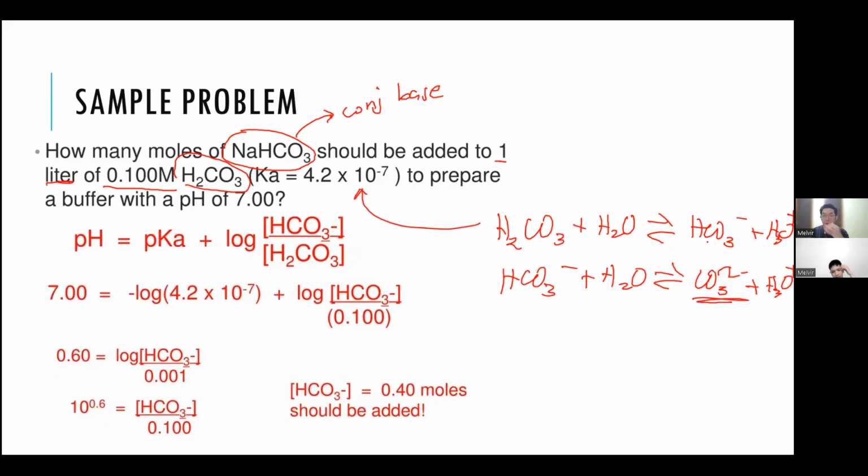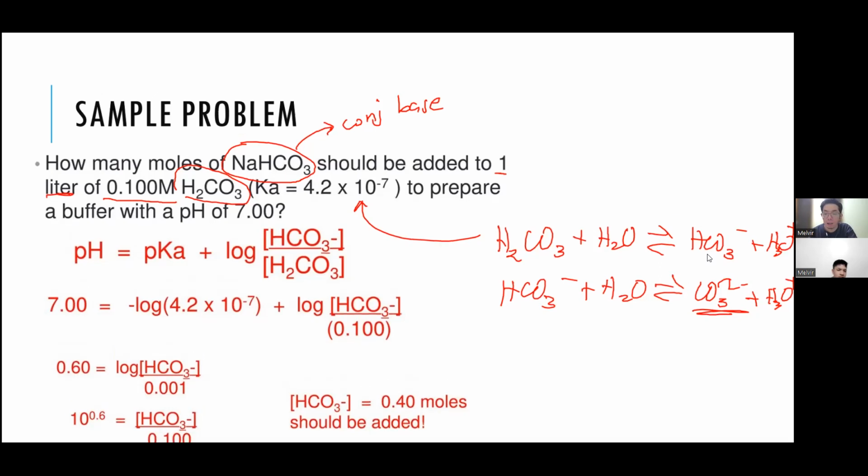Try mo nga hanapin dun sa table natin kung ano yung value nito, para lang marunong ka maghanap. Bicarbonate to carbonate. So, hanapin ko din. Dalawa kasi ang Ka niyan. Ka and pKa values.